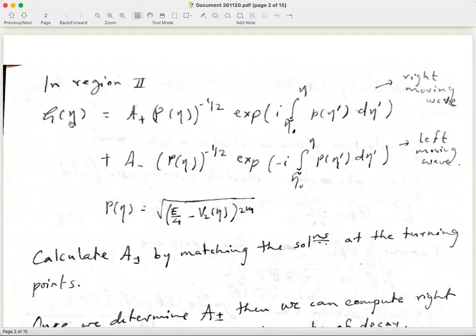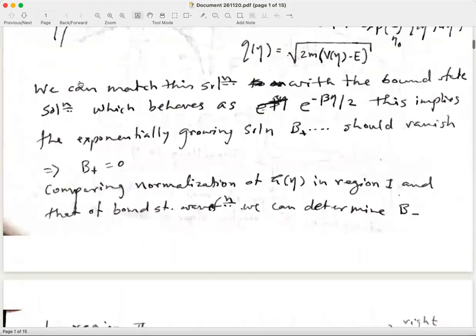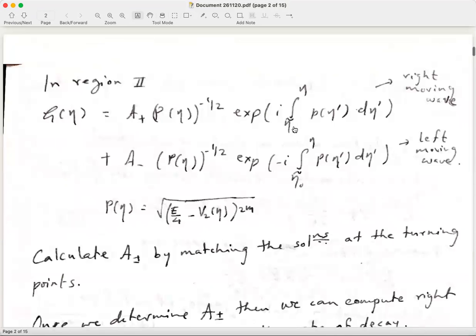Our wave function g of eta in region 2 would be some other normalization constant A plus times p of eta to the minus half, exponential i times the integral from eta naught tilde, some other turning point, to eta of p of eta prime d eta prime. Here eta naught is one turning point, whereas this is eta naught tilde. The other solution is e to the minus i.